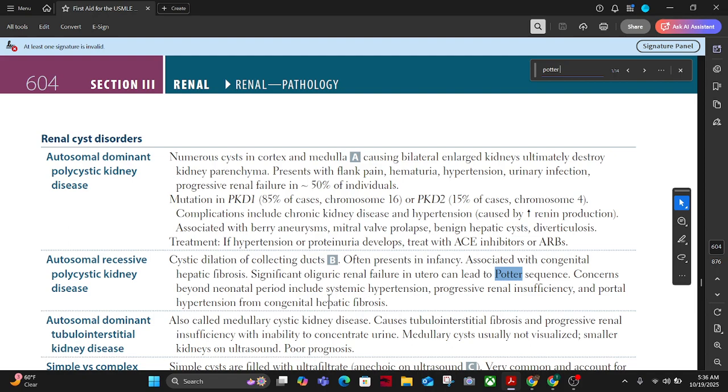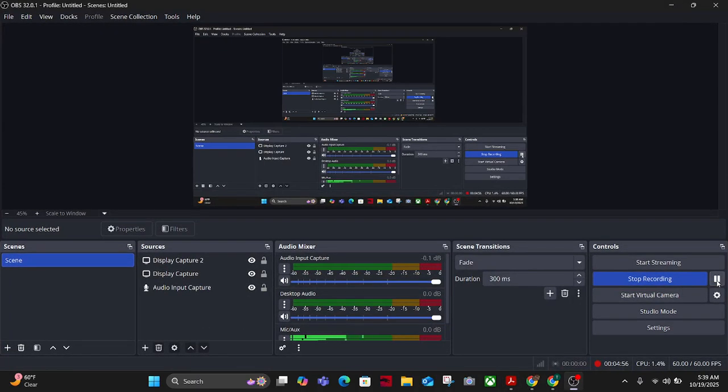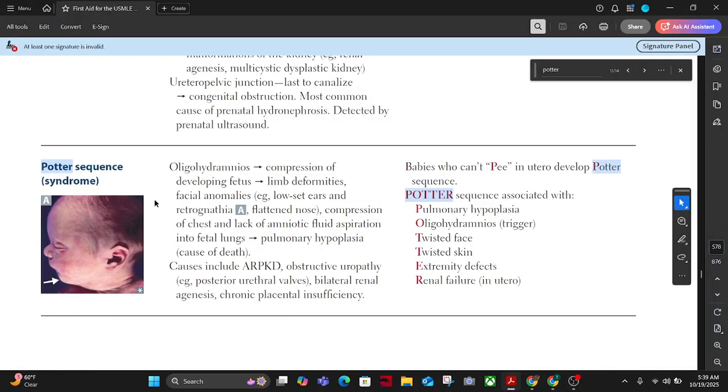Yeah, basically, if the mom doesn't produce enough fluid around the baby, which is actually the baby's pee, that can lead to Potter sequence. And so this is Potter sequence.